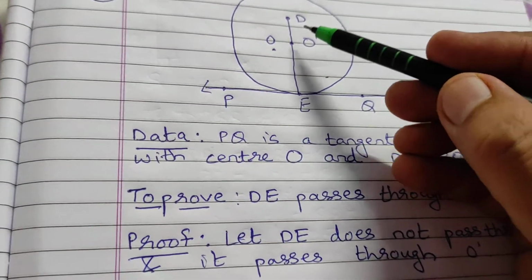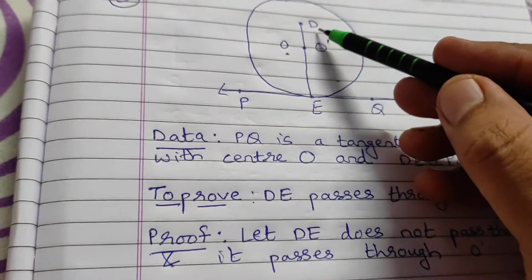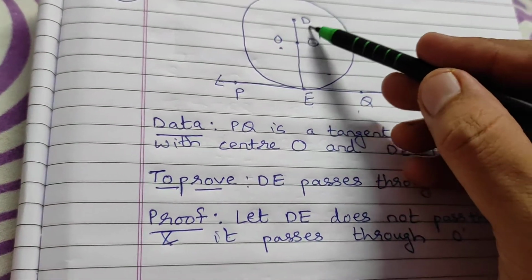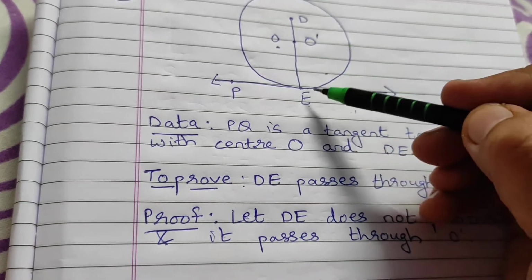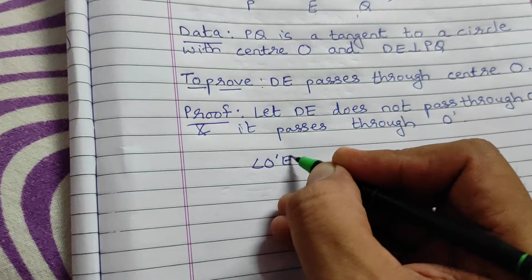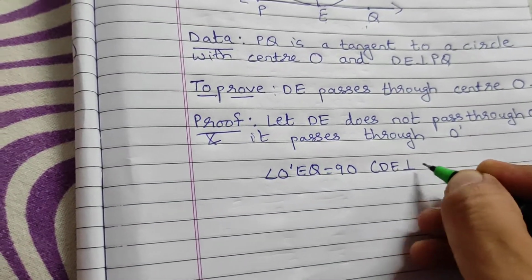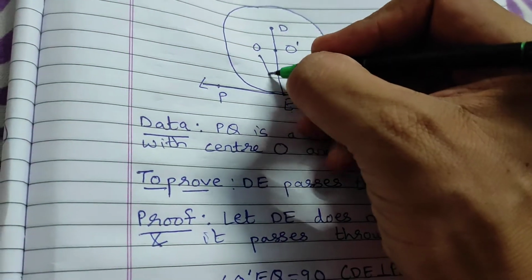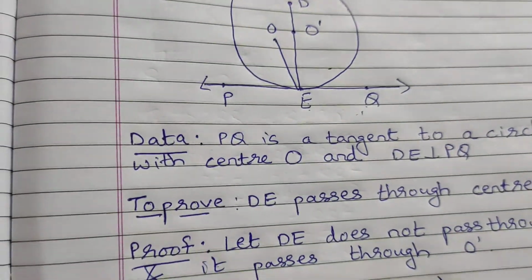Now see, DE is perpendicular to PQ, correct? Hence, we can say that angle DEQ is 90 degree. I repeat, DE is perpendicular to PQ. So we can say that angle O dash EQ is 90 degree, as DE is perpendicular to PQ. Also, if I join OE, then what is OE?